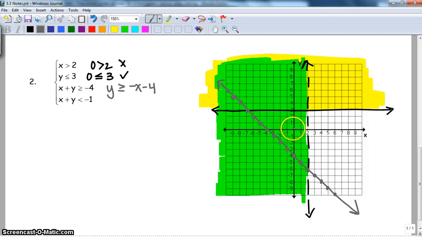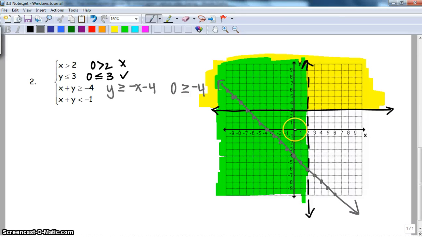I'm using (0, 0). Okay, so things are either going to be, we're looking at this side over here versus this side over here. Try to ignore the other lines. I know it's hard. So (0, 0): 0 is greater than or equal to negative 4.